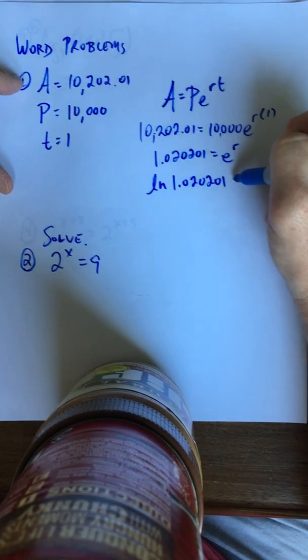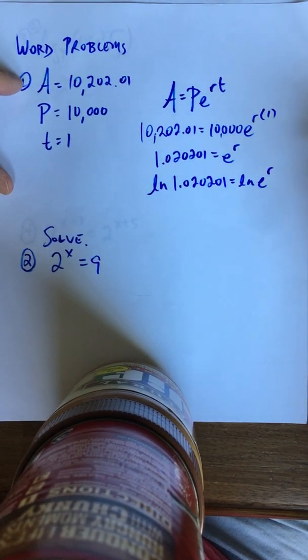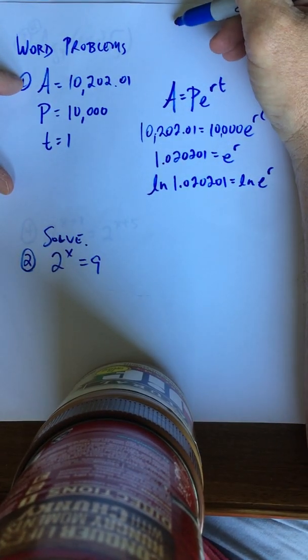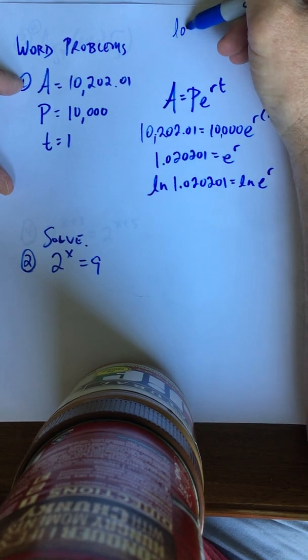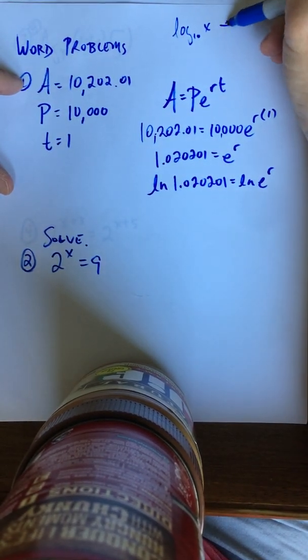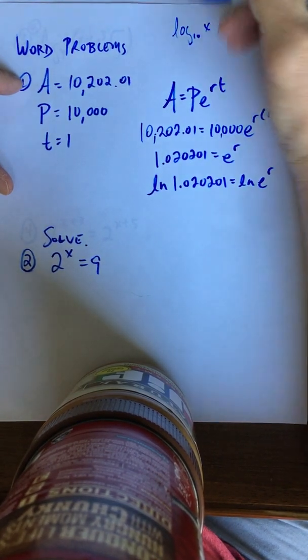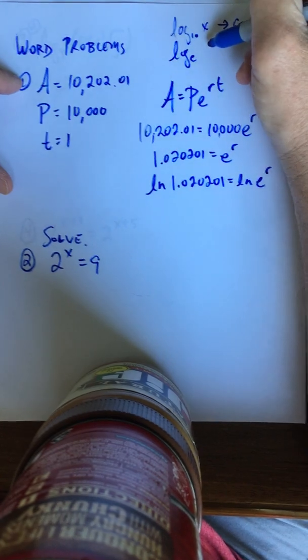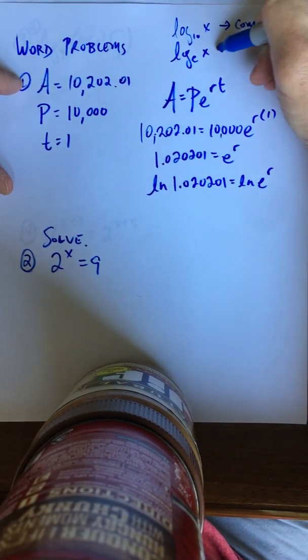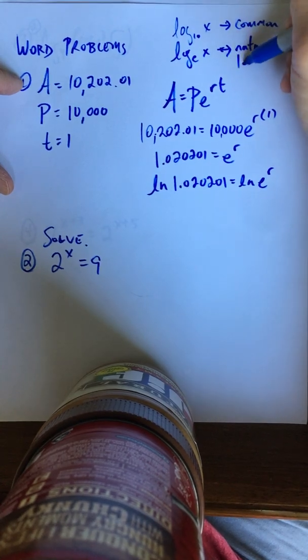Now, the ln is the natural logarithm. Let me explain what that is. We've been told that the common logarithm is log base 10 of something. This is the common logarithm because we use it a lot. But log base e of something is called the natural logarithm.